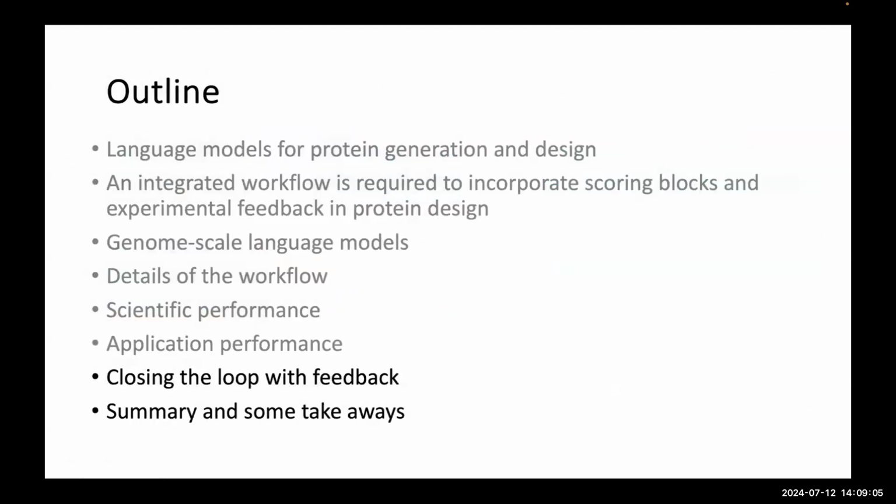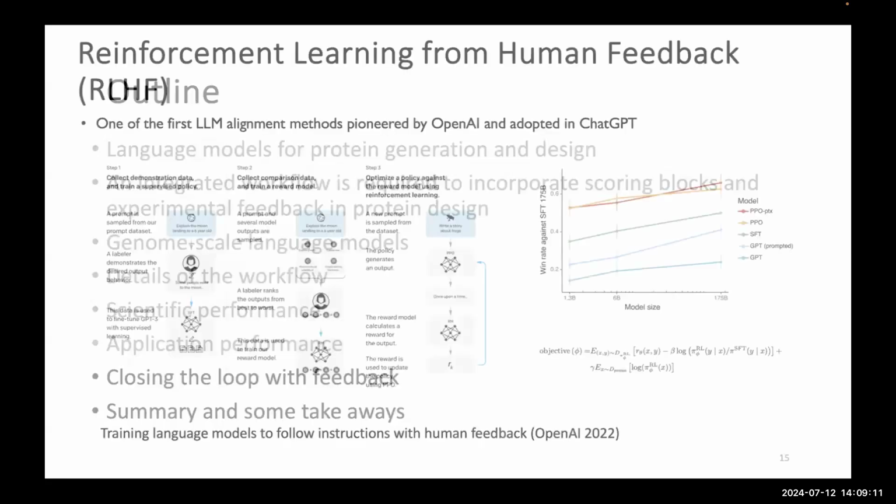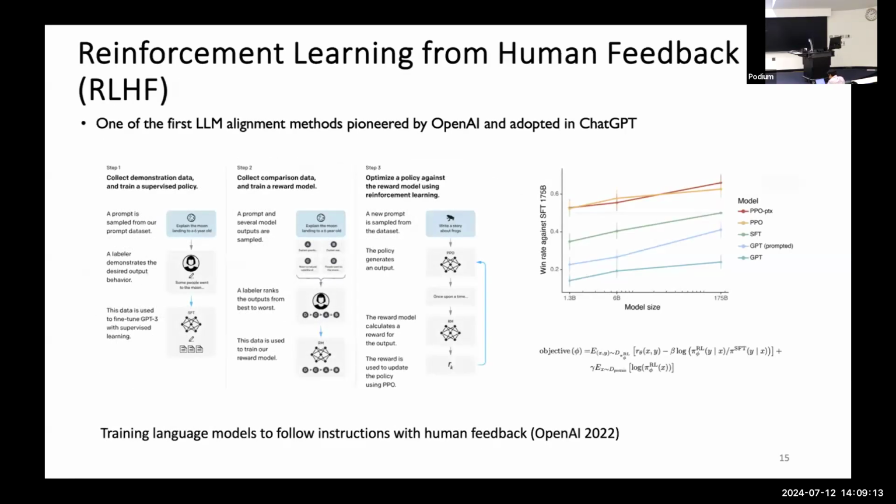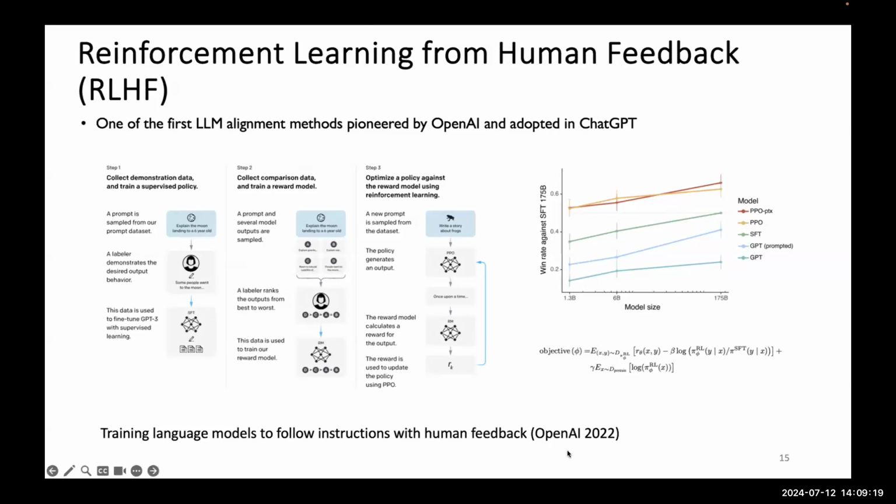All right, then we can proceed to closing the loop with the feedback. Here's where I think the interesting algorithms come into play. The work was inspired by developments in the natural language world.